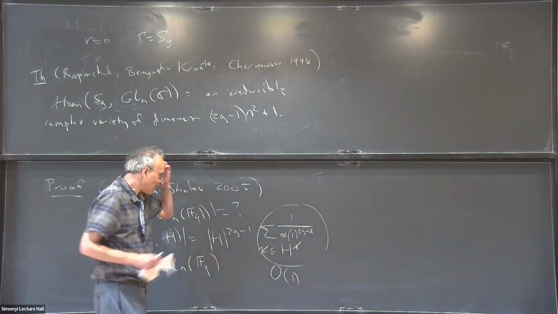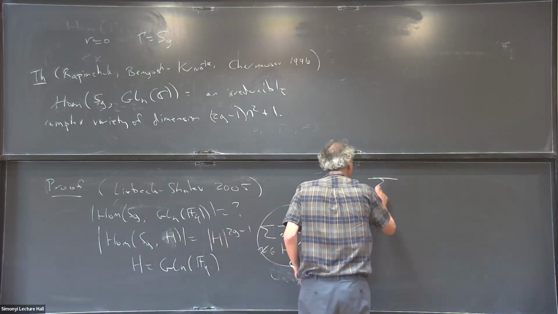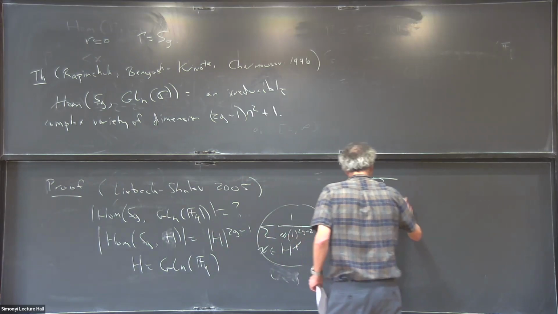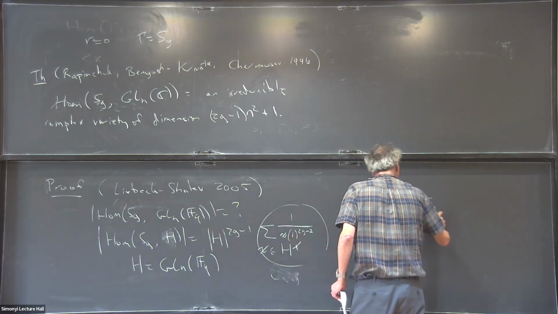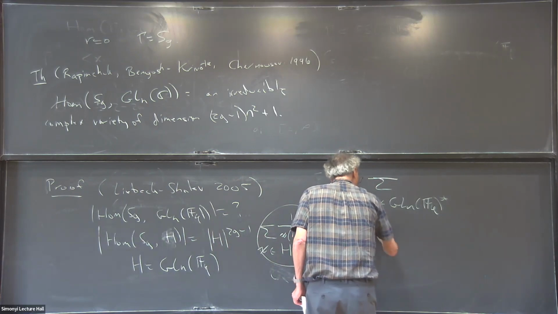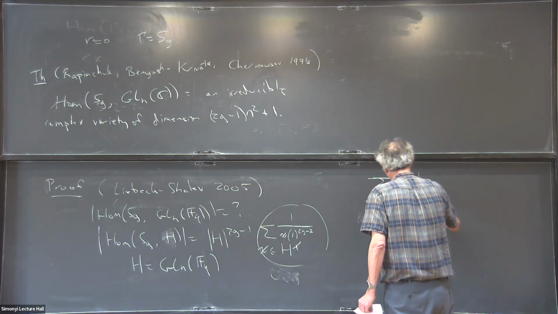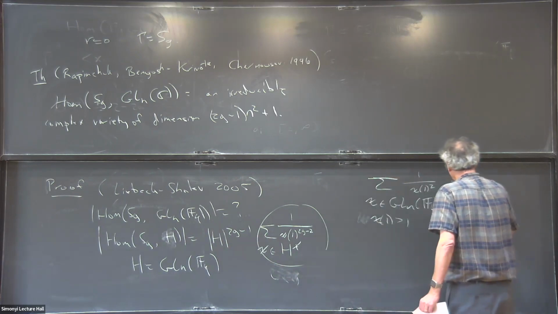So what I want to say is that the sum over chi in GLN of FQ with degree of chi of 1 greater than 1, of 1 over chi of 1 squared, would be O of 1.